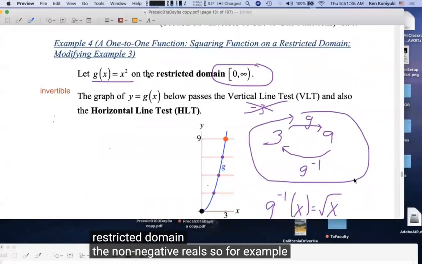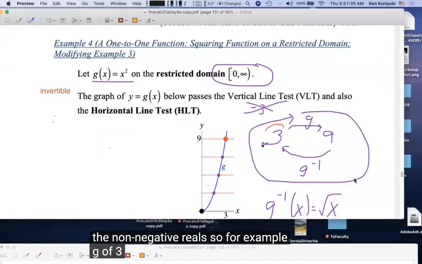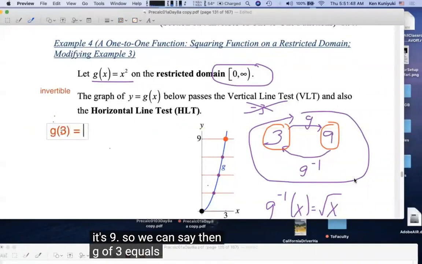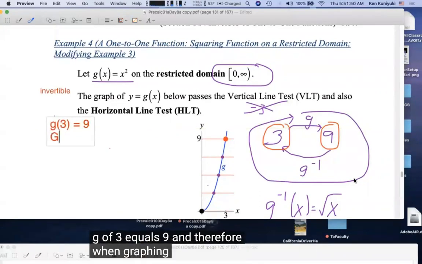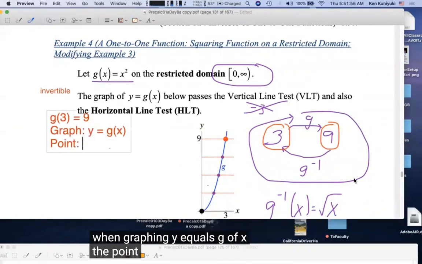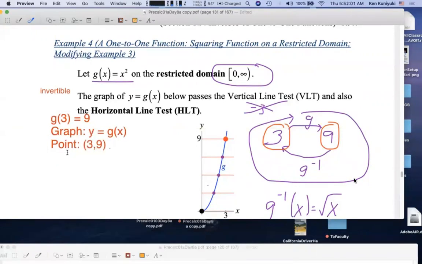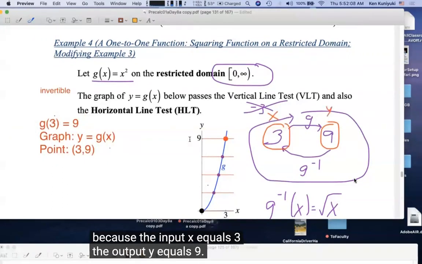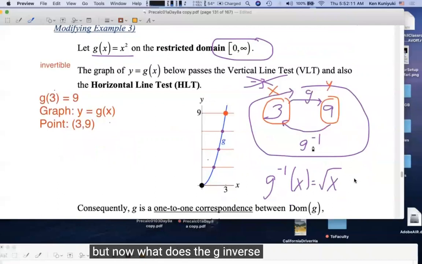So for example, g of 3 equals, well, what's the square of 3? It's 9. So we can say then, g of 3 equals 9, and therefore, when graphing y equals g of x, the point 3, 9 appears on the graph. Because the input x equals 3, the output y equals 9. But now, what does the g inverse function do?